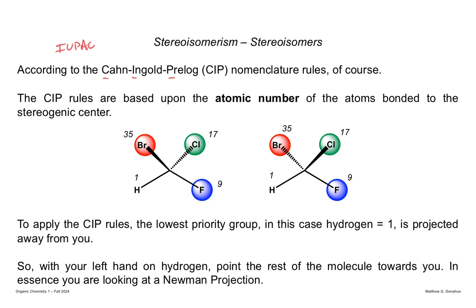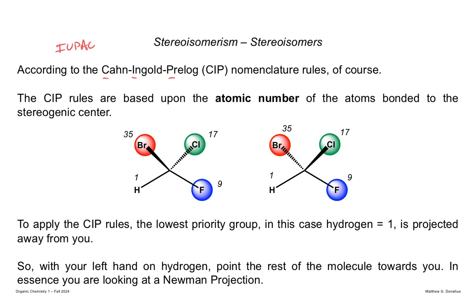So the first thing you need to do is identify the 4 different substituents. And then furthermore, you're looking at only the atoms directly bonded to the carbon atom. So there's 4 atoms you figure out, and then you assign them a priority 1 through 4.